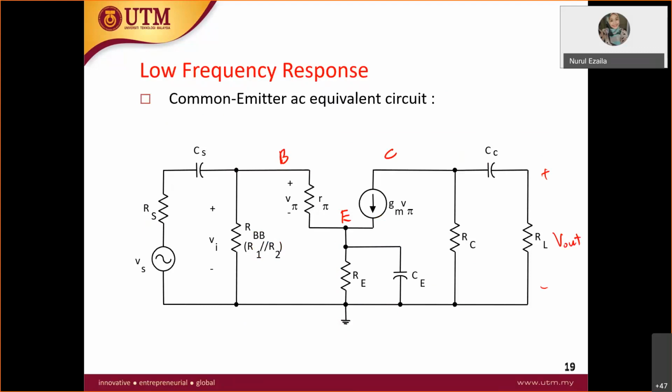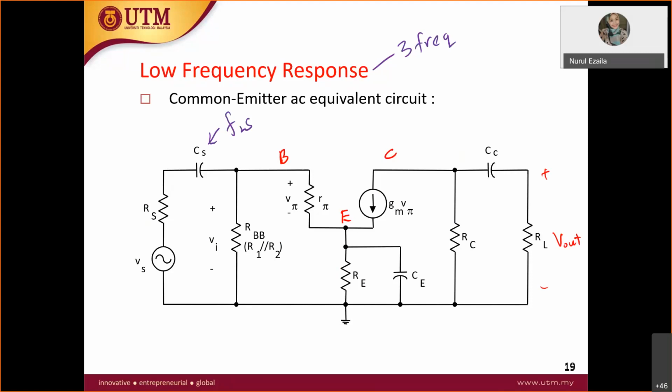Your objective is to find frequency. Which frequency? In this case, you're going to have three frequencies. Which frequency? By referring to this frequency, we call it FLS, referring to the source.